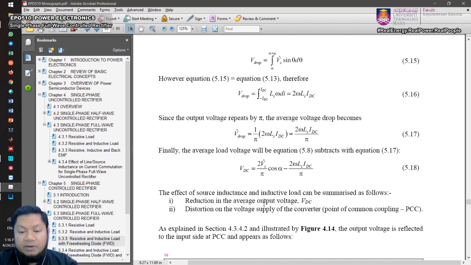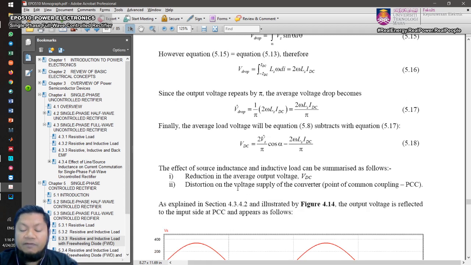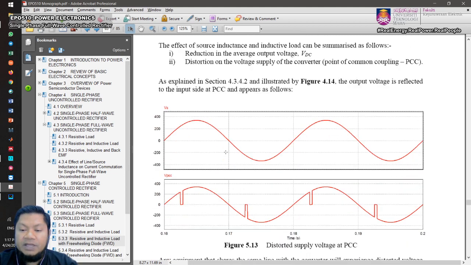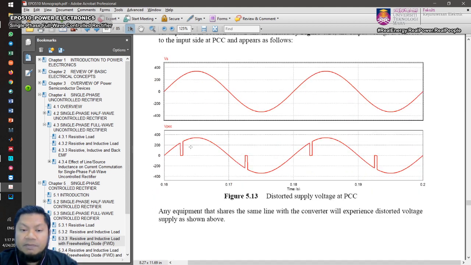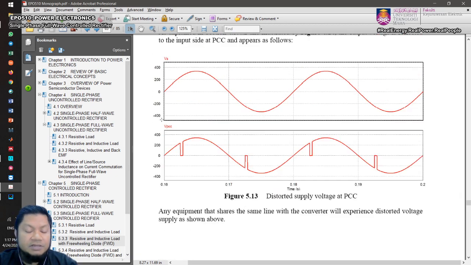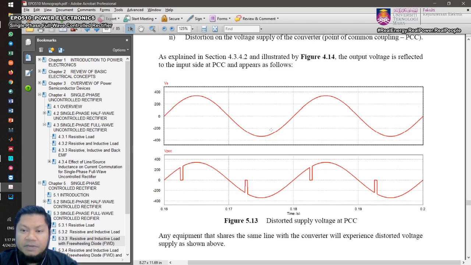And as we did before for the single phase half wave rectifier, there is a distortion on the voltage supply of the converter, at the point of common coupling. So if you refer back to your supply voltage, at the point of PCC, you can refer to the previous note on the PCC, you're going to see a distortion of the input current.